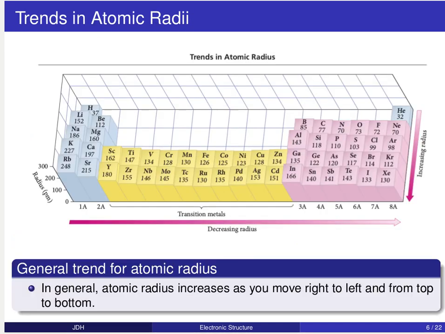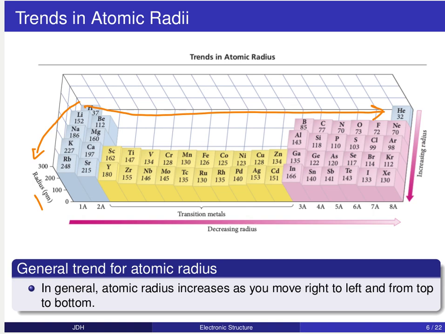So to sum this up, we can look at the radii, in this case given in picometers, for a subset of the elements on the periodic table, and we can see that as you go down a column, we're seeing larger and larger radii, and in general, as you move left to right, you're seeing smaller and smaller radii. Now, there are some instances where this general trend does not hold, and I'm not going to hold you accountable from a testing standpoint for any of those exceptions.